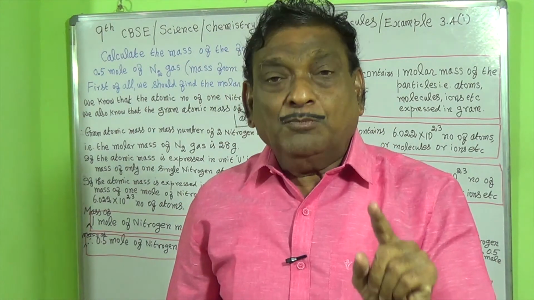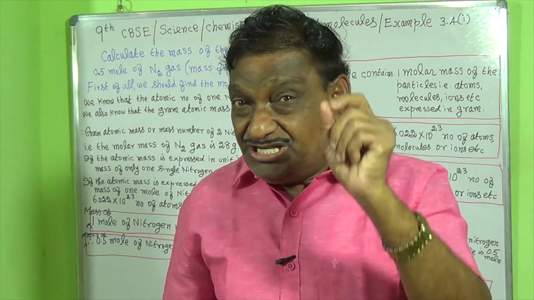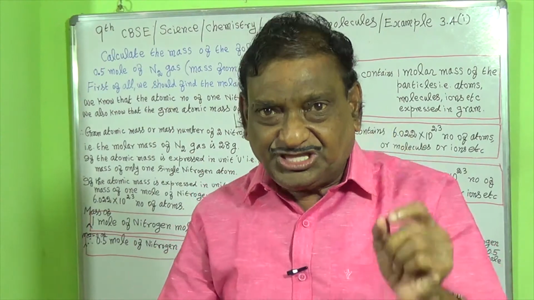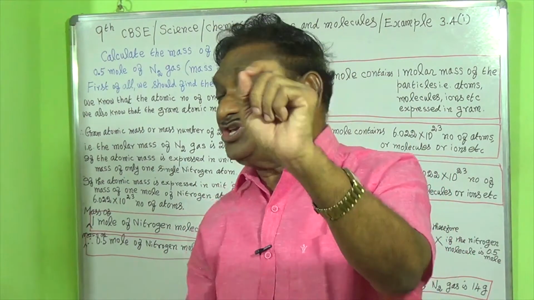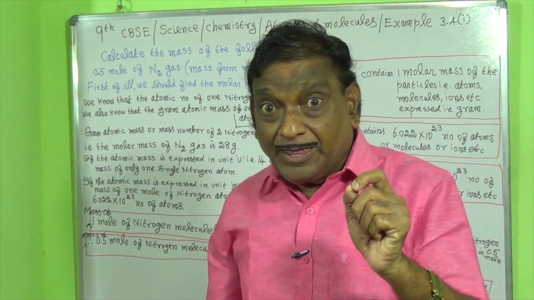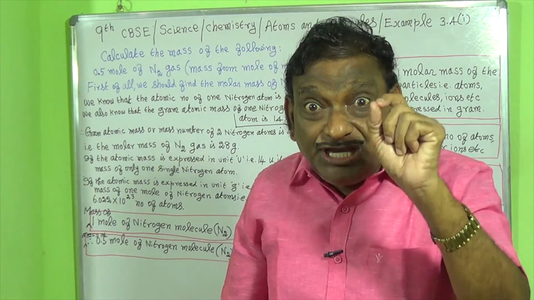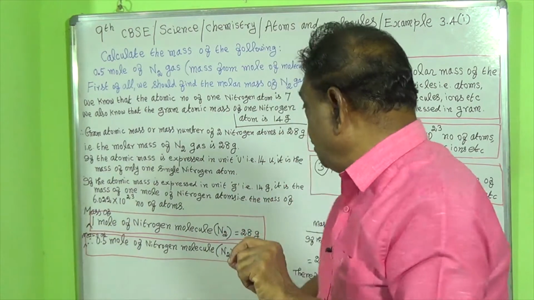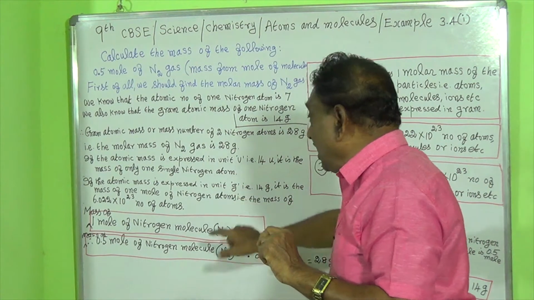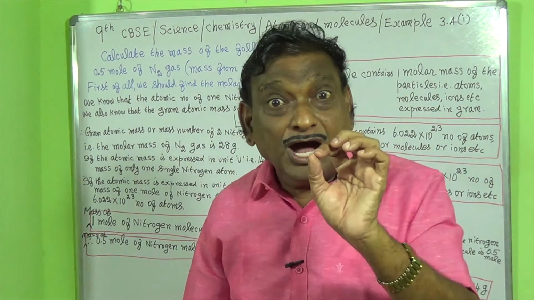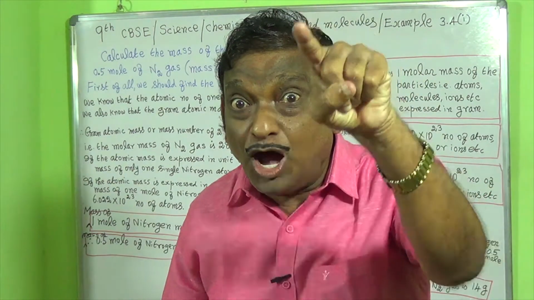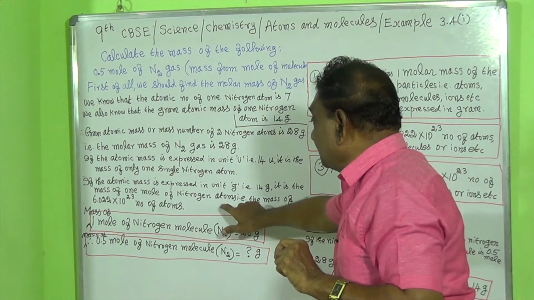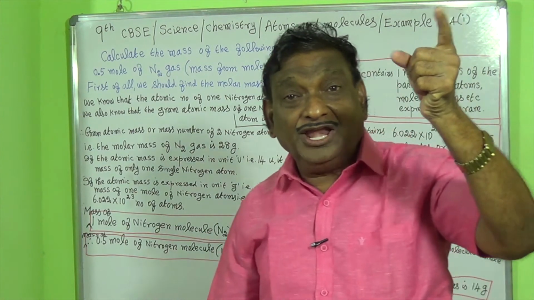If the mass of the atom is expressed in U, it means that it is the mass of only one single atom. If the mass is expressed in gram, that is G, it means that it is the mass of 1 mole of nitrogen atoms. What is 1 mole of nitrogen atoms?